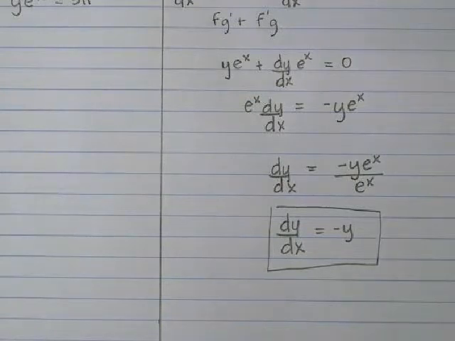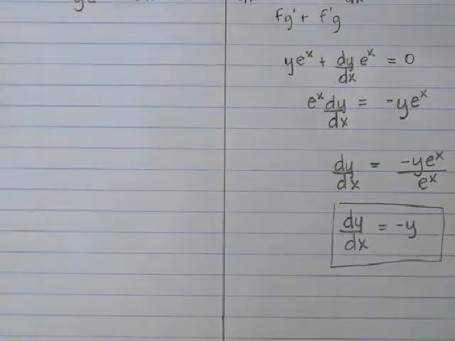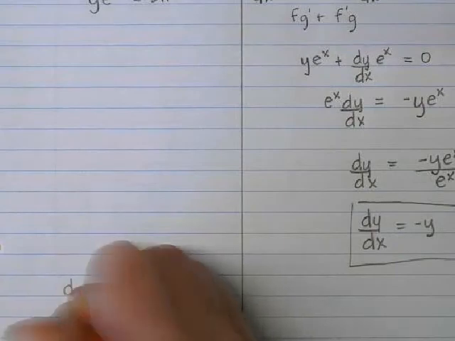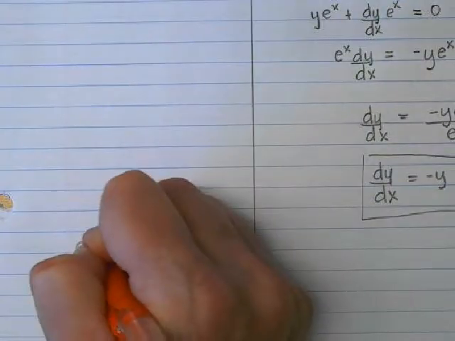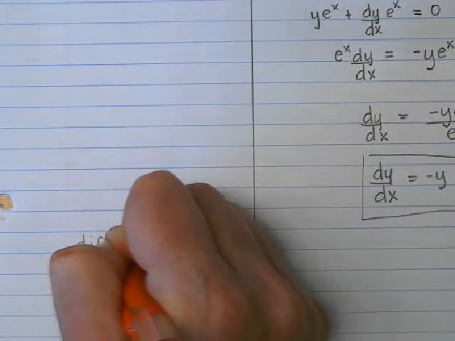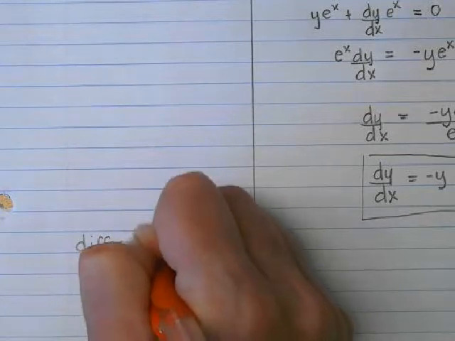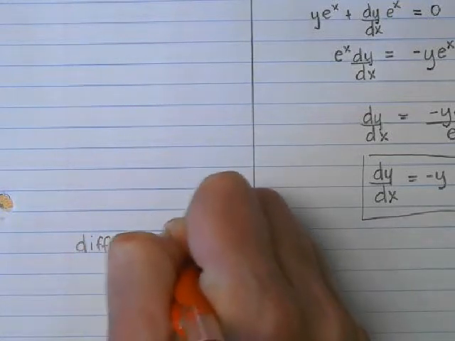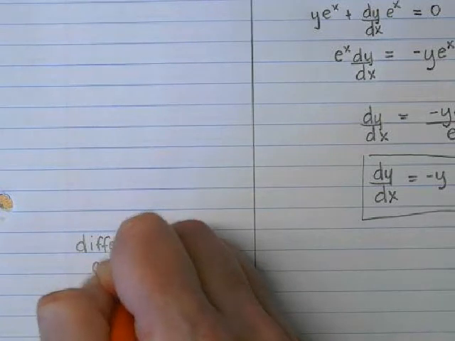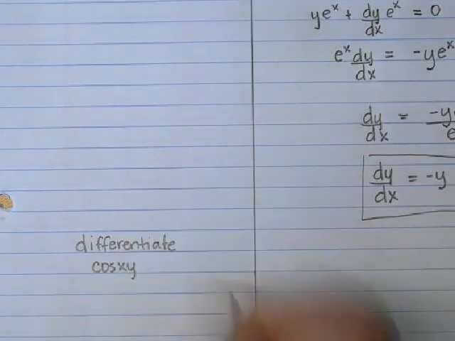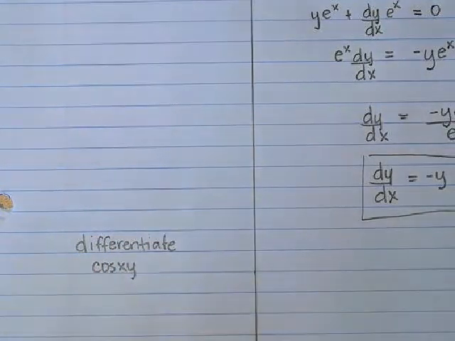Okay, so let's look at one that has more product rule in it, some chain rule. Let's see what we got here. So let's say that we have to differentiate the cosine of xy. Now, I could put that xy in parentheses.